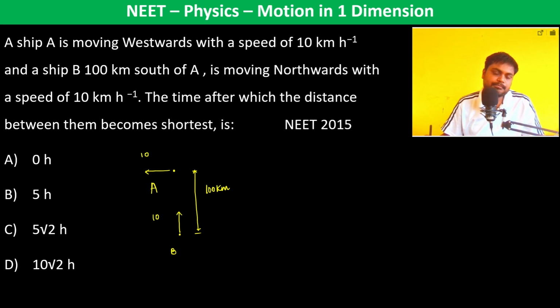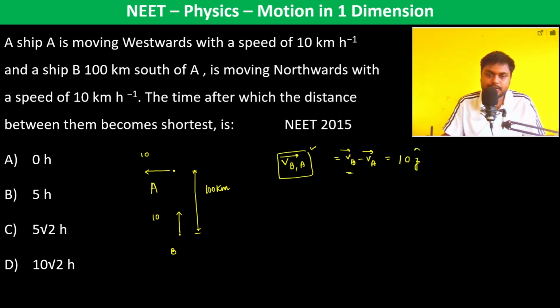Okay. So if you see, let us find out velocity of B with respect to A, which is going to be VB minus VA, which is 10.